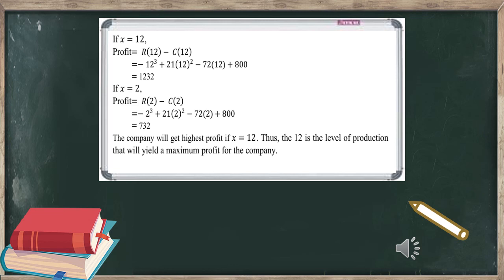And then if x equal to 2, we place 2 into the x, we got negative 2 power of 3 plus 21 times 2 squared minus 72 times 2 plus 800, and then we got the final answer is 732. And then we can conclude that the company will get the highest profit if x equal to 12. Thus, 12 is the level of production that will yield a maximum profit for the company.